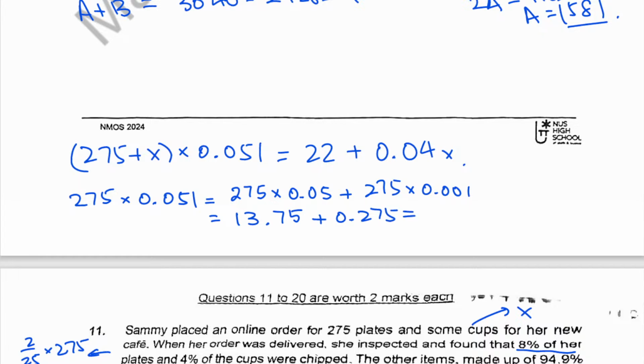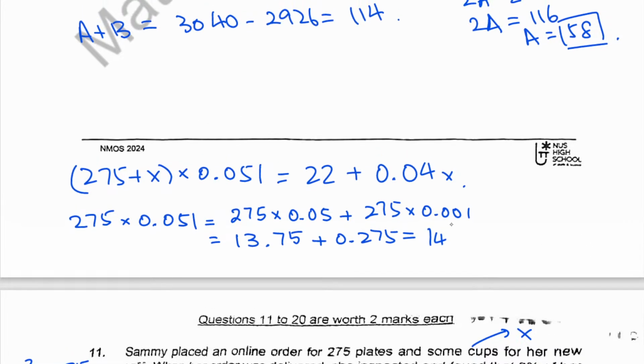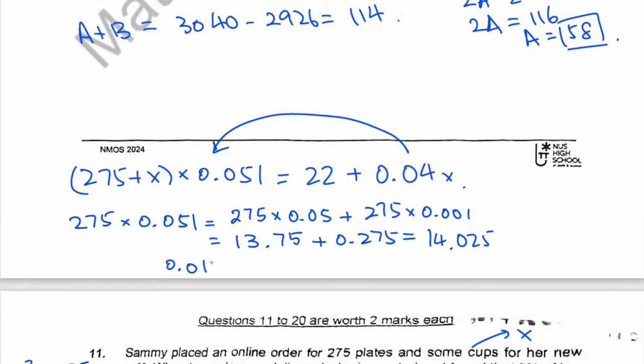Okay, so this is 14.025. And then if you bring this to the other side, this will be 0.011x is equal to 22 minus 14.025, which is 7.975. So this means that x is equal to 725.